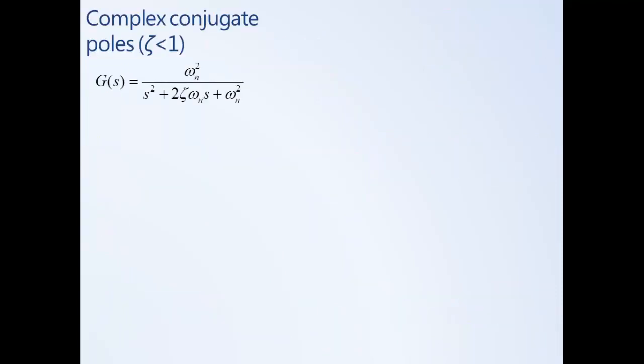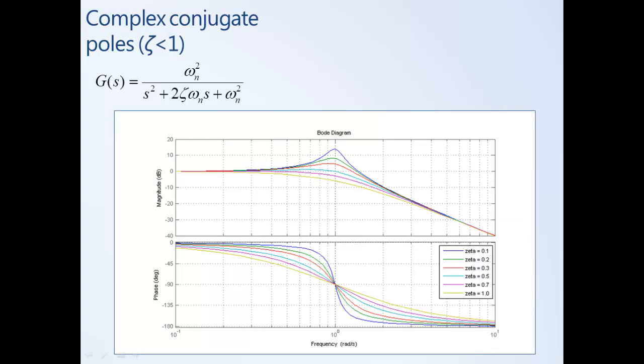So we'll get a similar situation here. The low frequencies and the high frequencies will look like the overdamped case on the previous slide. What will be different is in between the low frequencies and the high frequencies. In general, we'll get a Bode diagram that looks something like this. This is the magnitude plot, this is the phase plot, and this point here is omega n. What you can see is just what we predicted.